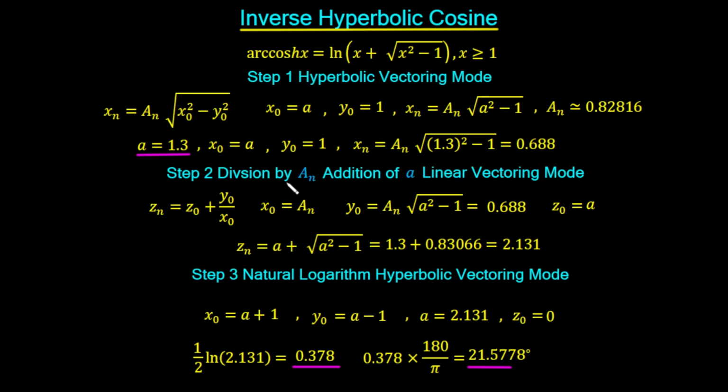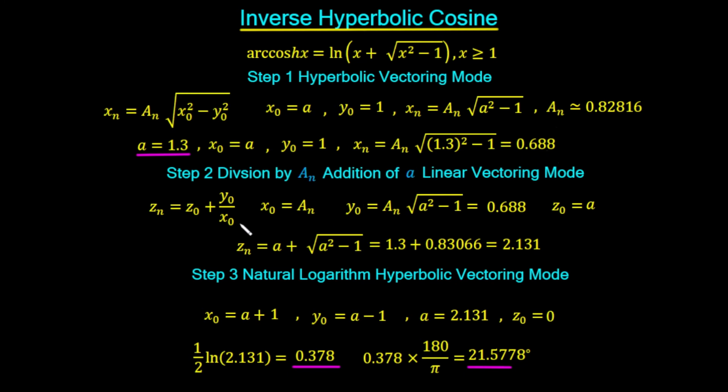So we're going to be using the linear vectoring mode. In the linear vectoring mode we're going to have a value for Zn, which is an angle, equal to Z0 plus Y0 upon X0. What we can do is choose the value for X0 equal to An. So in effect we're going to be doing the division, so we will divide out this An factor. And in the top line our Y0 will be the output of the first stage, which will be our 0.688.